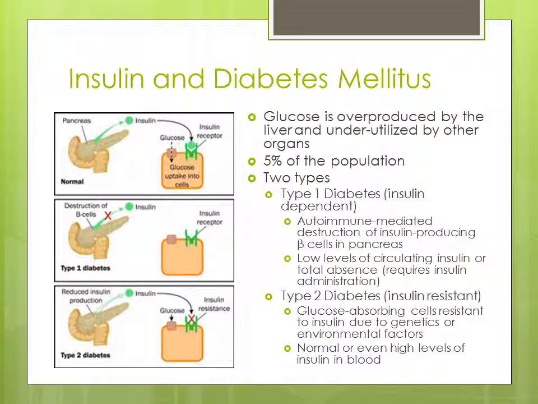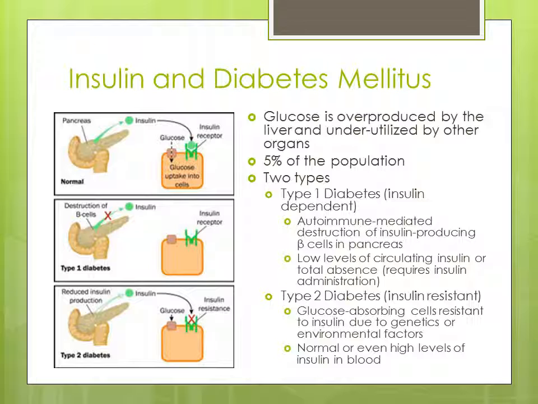Type 2 diabetes, on the other hand, is the insulin-resistant type of diabetes. It occurs when glucose-absorbing cells are resistant to insulin due to genetics or environmental factors.